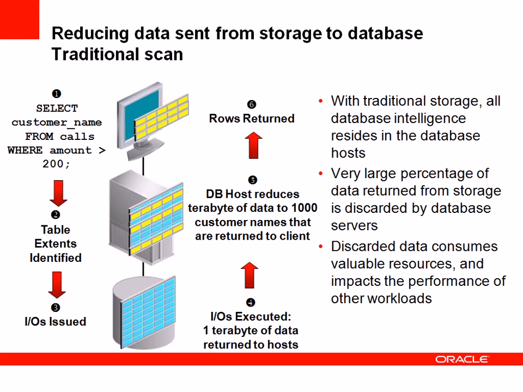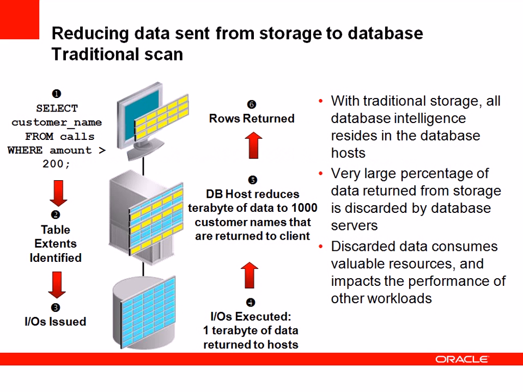So in a normal full table scan, this is what happens. You have a select statement. The optimizer decides that a full table scan is the best way to get the data. So the optimizer says you're going to have to get all that data in the complete table. The table extents required are identified, the I/Os are issued, the I/Os are executed.